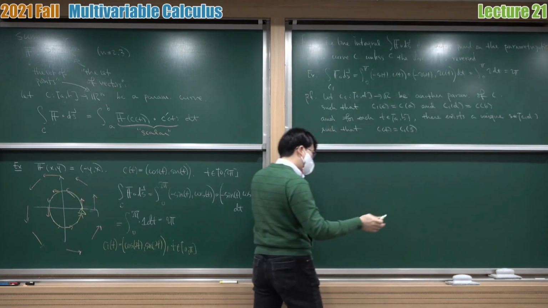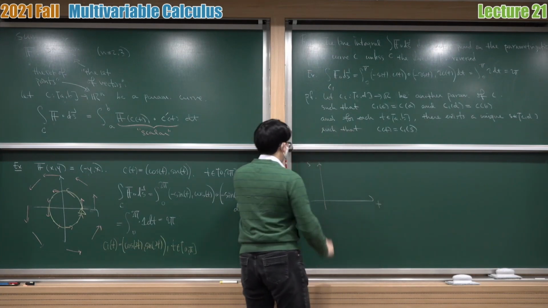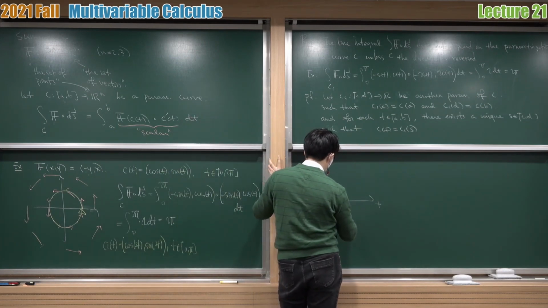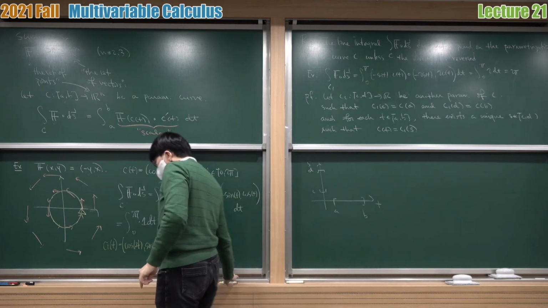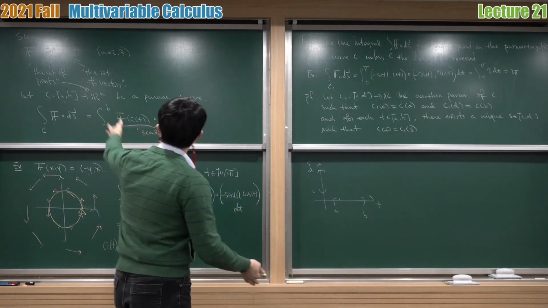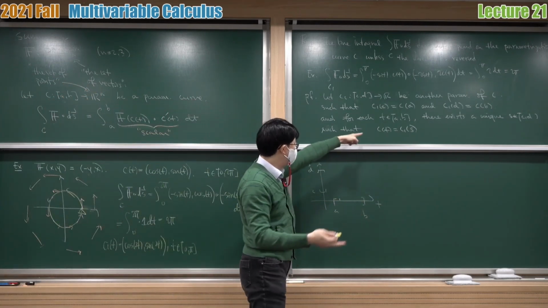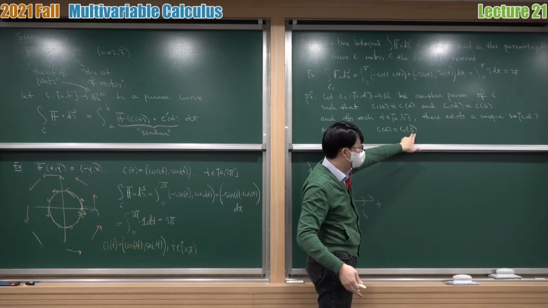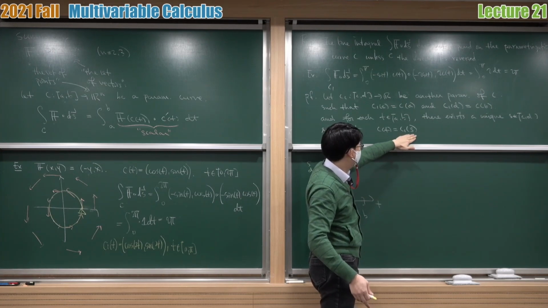Okay? So that means if I take the relation between t and s, t ranges from A to B, and s ranges from C to D. If I take any point t, I have a point in Rn, or R2 or R3, that the parameterization C maps to. So C(t) is there. And I can always find a unique s that gives the same point as C(t) when I compute C1(s).